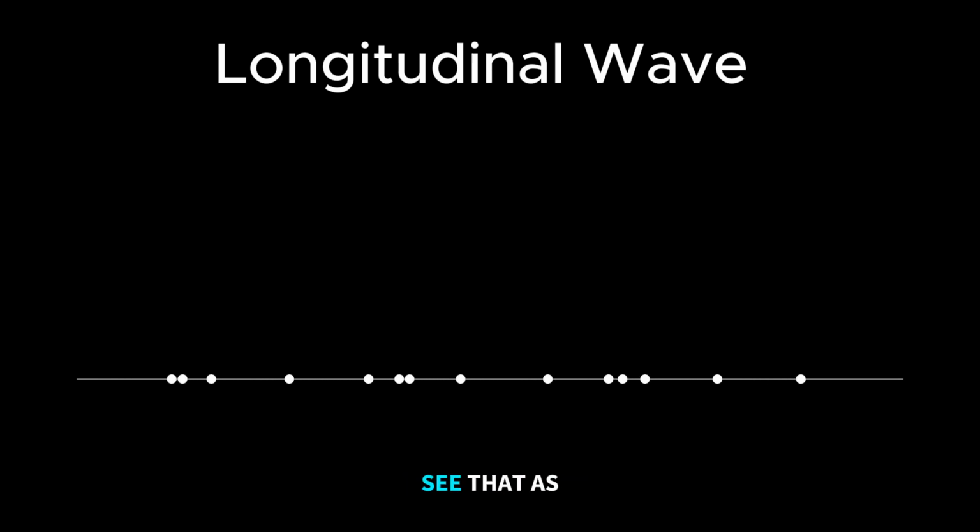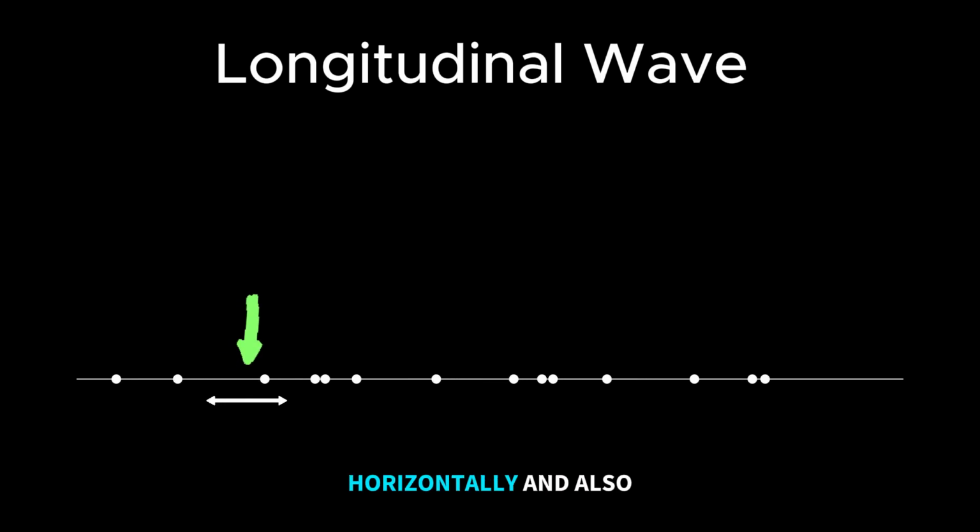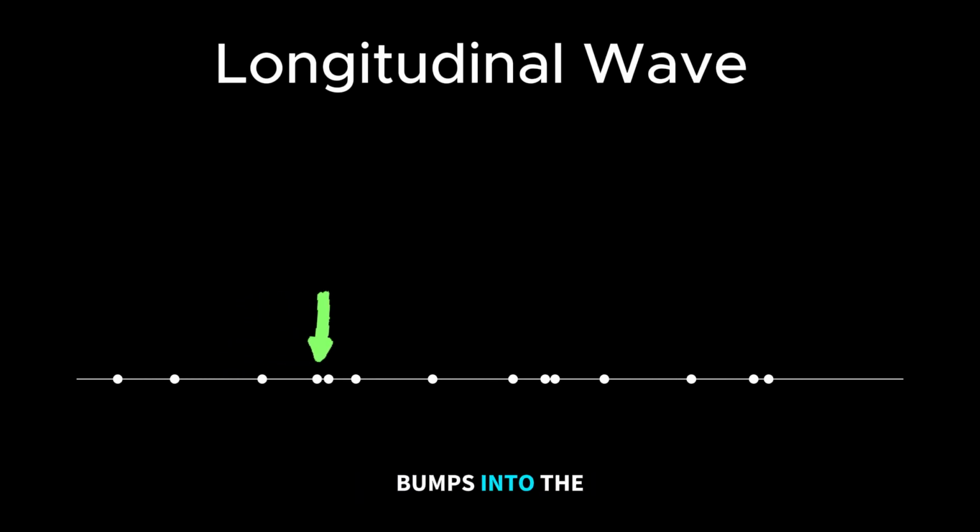Now you're going to see that as it vibrates horizontally, it bumps into the particle on the right, and the particle on the right also starts to vibrate horizontally and also bumps into the next one. Now, I am not saying that it is compulsory that they bump into each other before this wave can transfer.